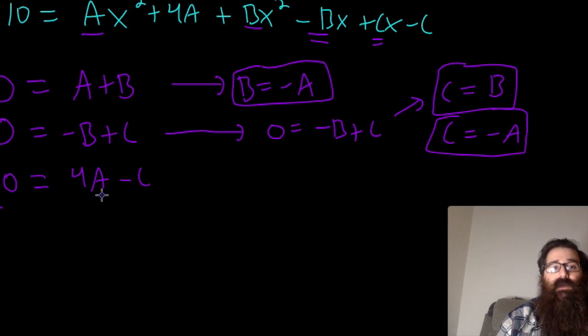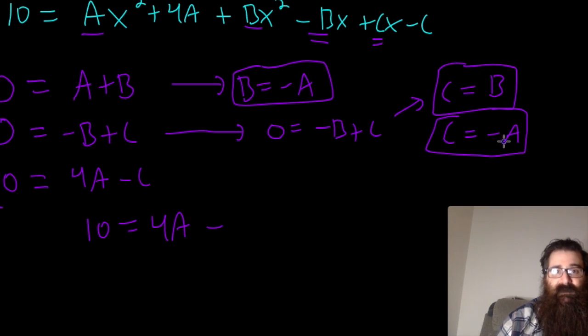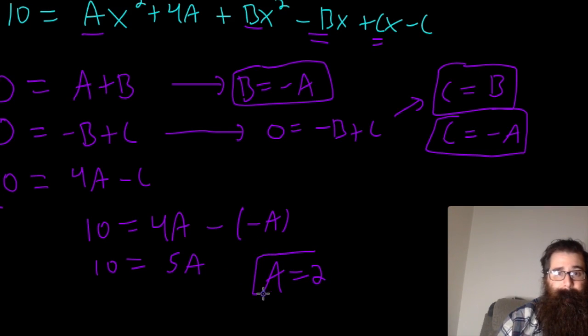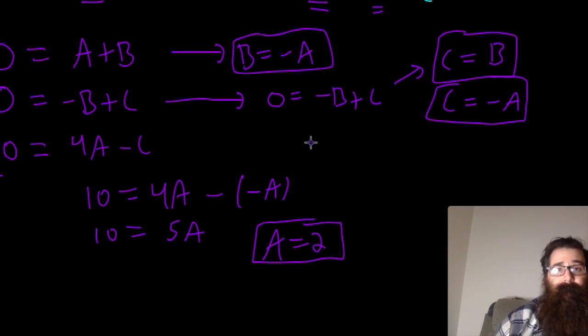And now I can go into this last equation and say, well, 10 is equal to 4A minus C, but C is the same as minus A. So I get 10 is equal to 4A minus negative A, which is 4A plus A, which is 5A. And if 10 is equal to 5A, that means A is equal to 2. It means that B is equal to negative 2. And C is the same as B, so C is also negative 2.